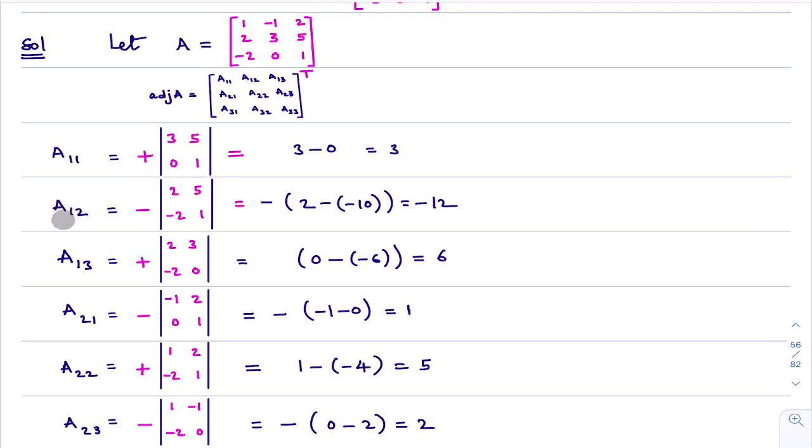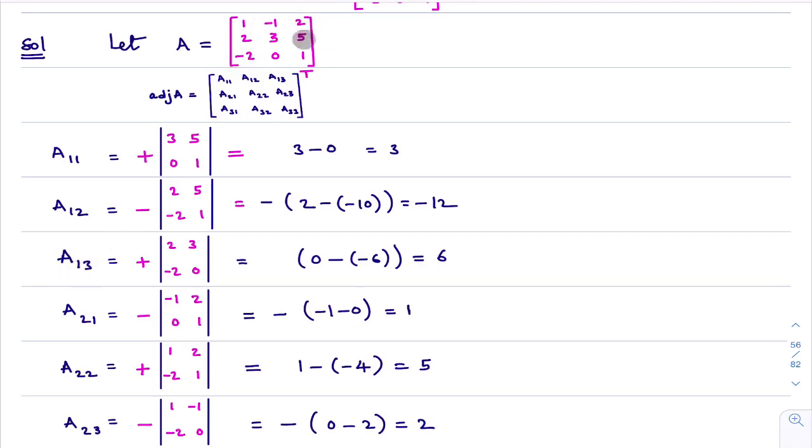Now you need to write the minor of this element. The minor of this element is the determinant obtained by deleting the first row and second column. Delete the first row and second column: determinant of 2 5, minus 2 1. I hope you are understanding, right? Now A13: the minor of this element is the determinant obtained by deleting the first row and third column.